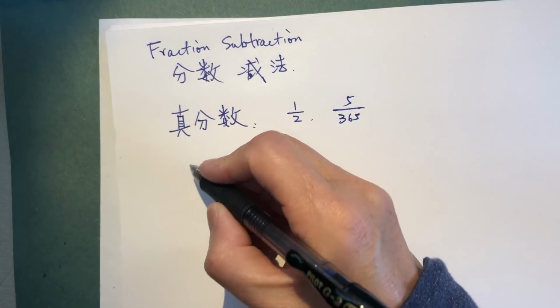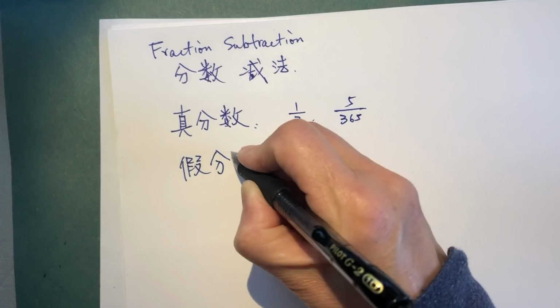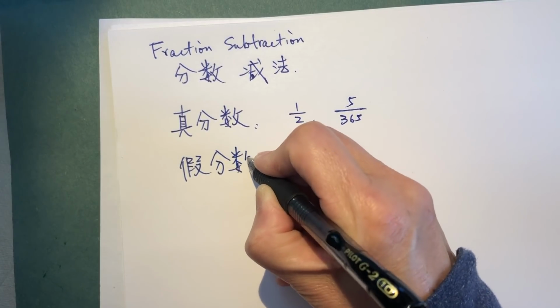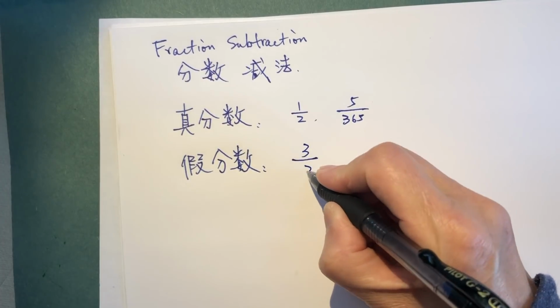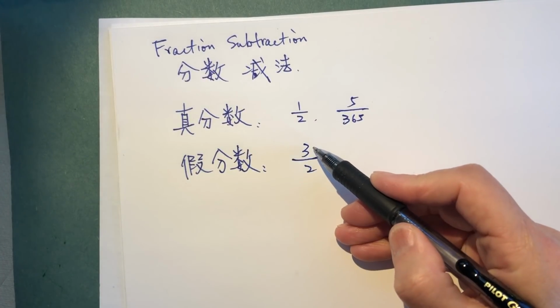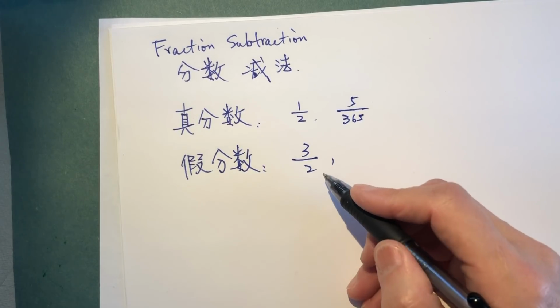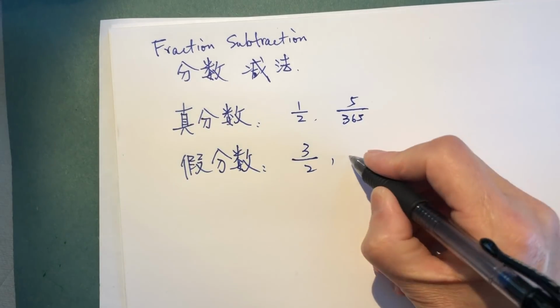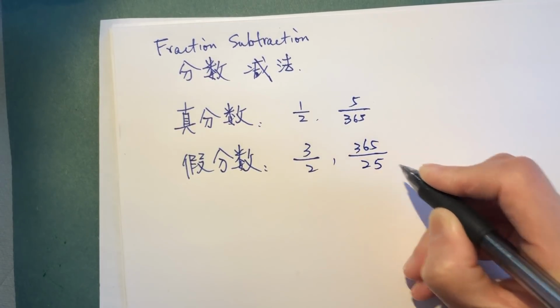Okay. 假分数. 假 is fake. It's not real, unreal, or fake 分数. So 3 over 2. The numerator is bigger than the denominator. This is called 假分数. 365 over 25.